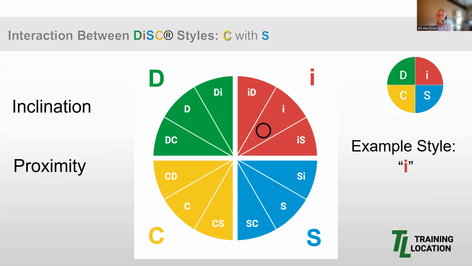However, it usually indicates a little bit more of a willingness and ability to be able to stretch and adapt to meet other styles than does that dot outside at the edge of the circle that we just spoke about. Now, a dot near the inside edge of the pie slice, or also near the center of the circle, indicates a slight inclination to encompass those characteristics of the I style. So it's still considered a primary style.